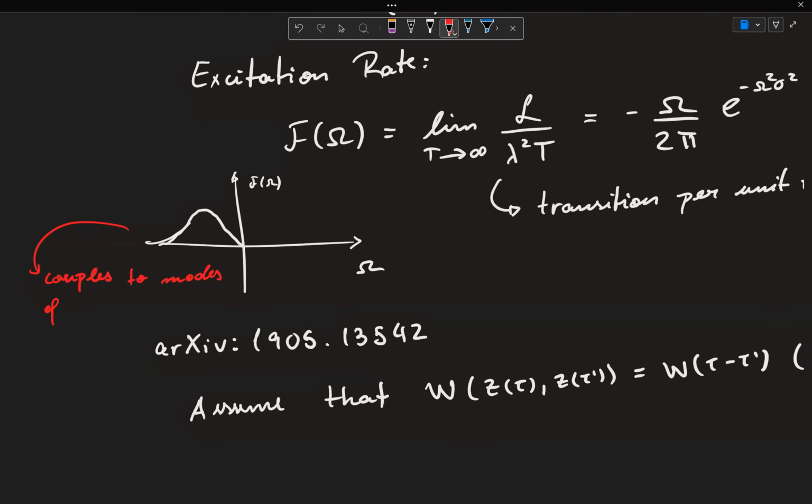But then you're sending omega to infinity if you go in this way in the plot. So the energy of the modes that the detector couples to, due to its size, is basically restricted by this 1 over sigma, right?